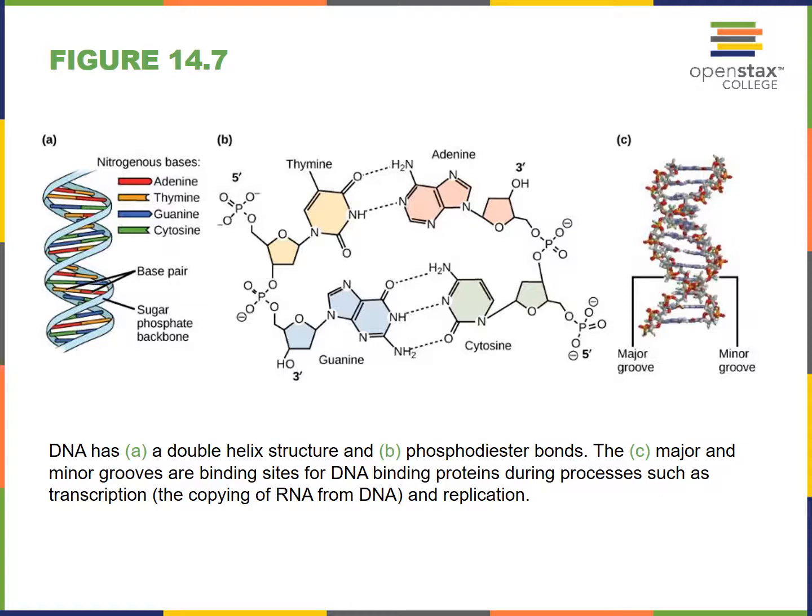So here's 3 different representations of the current model of DNA structure. We got a cartoon, we got a ball and stick model, and then sort of a biochemical representation. So yeah, DNA is a double helix. It has a major groove and a minor groove.